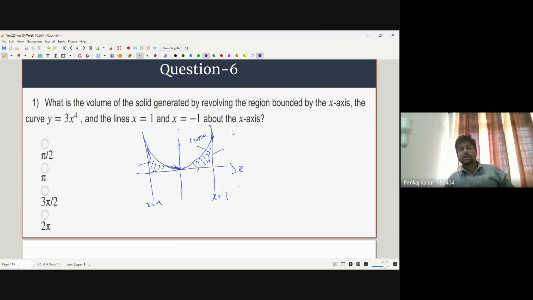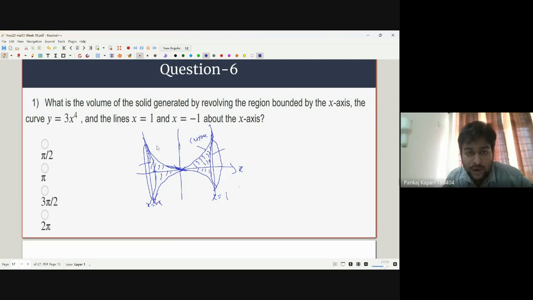Note that we are again revolving this about the x-axis, and therefore the solid which you get will look like this. Here we can draw this solid easily, so it will look approximately like this.